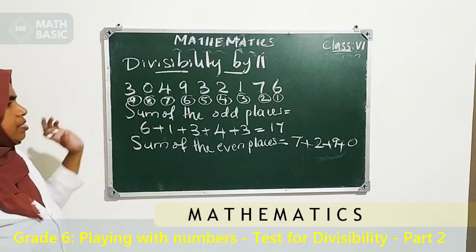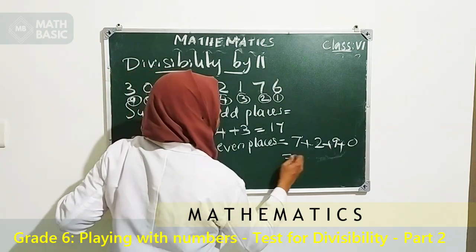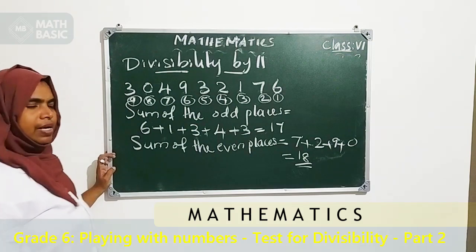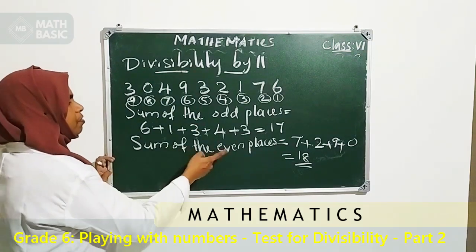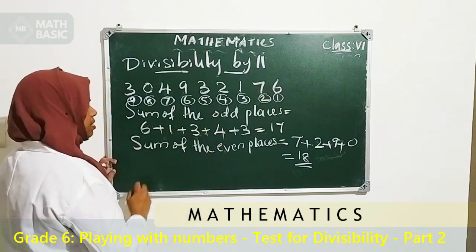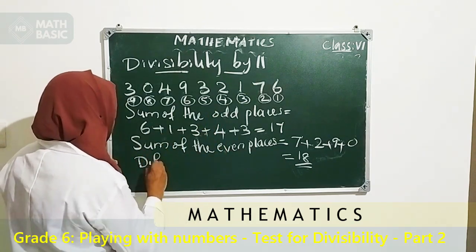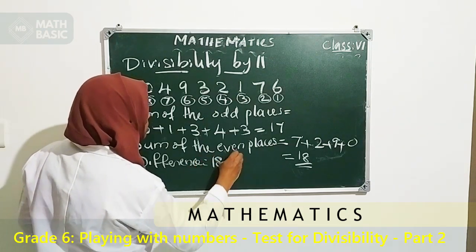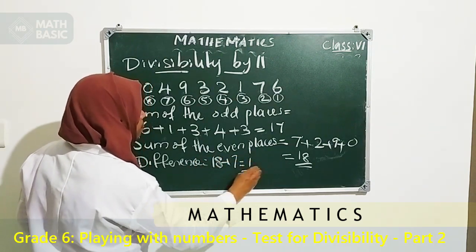Just add it: 9 plus 9, 18. So we got the sums of the even places and odd places. Their difference equals 18 minus 17 equals 1.